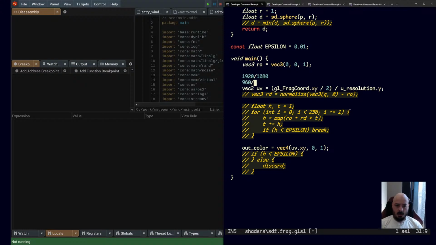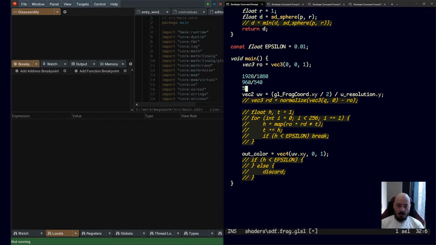960 by 540, right? So that's like the middle of the screen, let's say, and then divide that by 2, and then you get, what is that? What is 960 divided by 2? It's 480 by 540 divided by 2 is what? 260, 270?